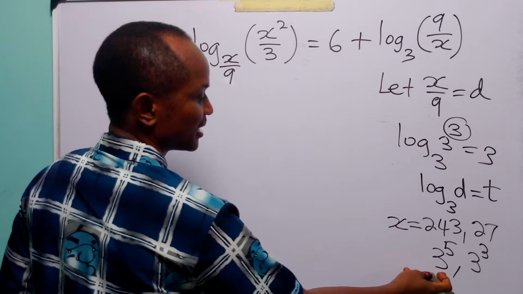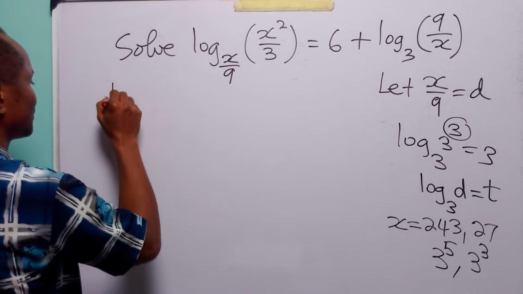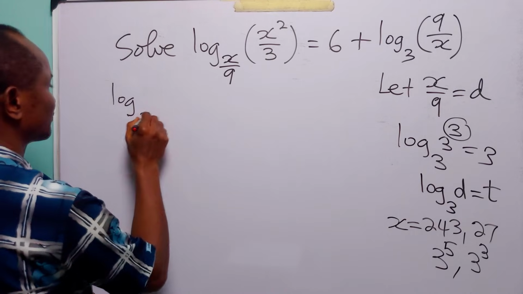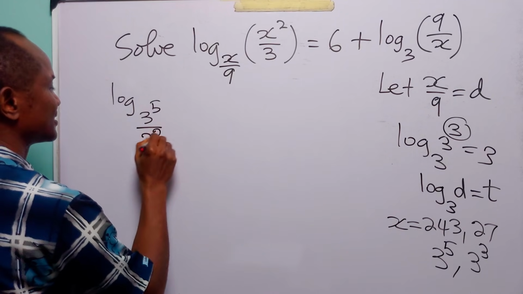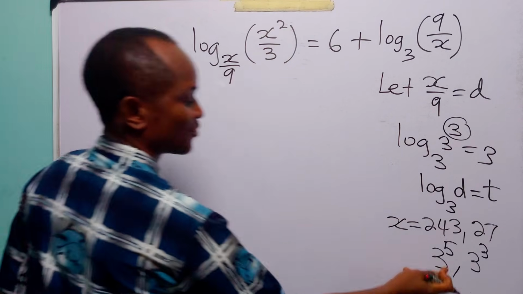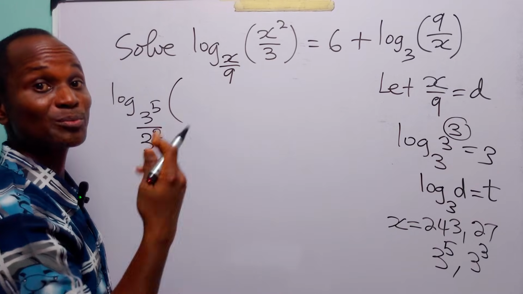Now, substituting this into the original equation, here we have log to base 3 to power 5 divided by 9, which is 3 squared, of x squared, which is now going to be 3 to power 5 times 2, that is 3 to power 10.